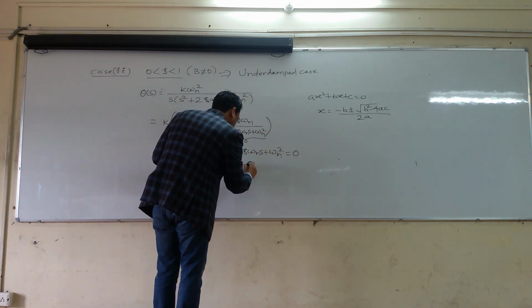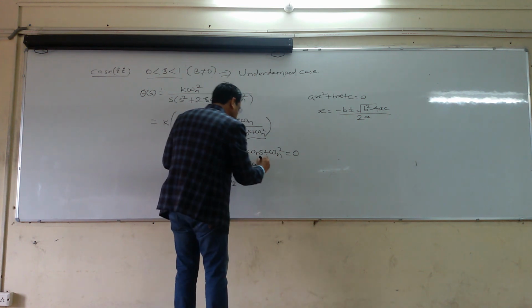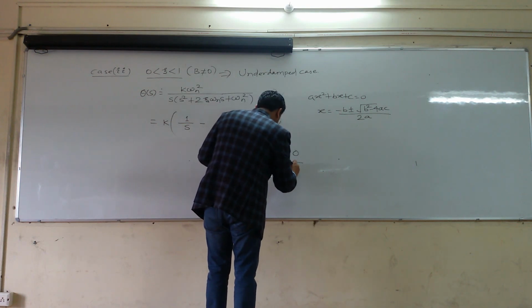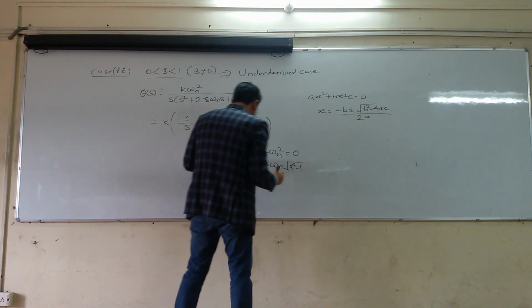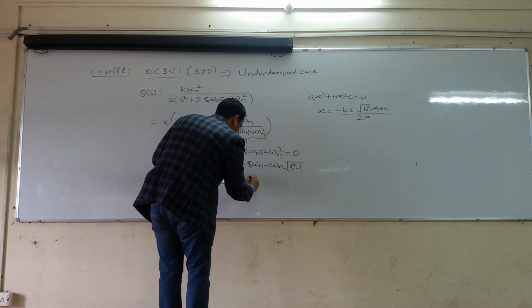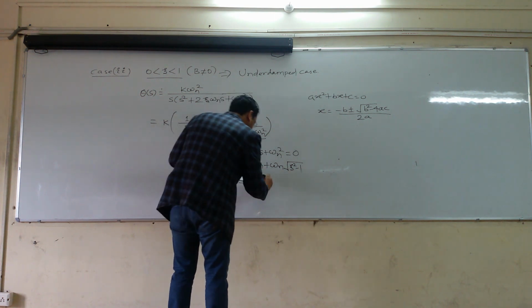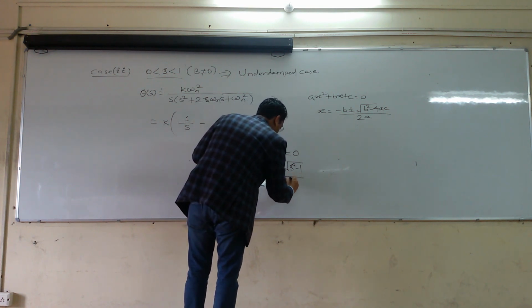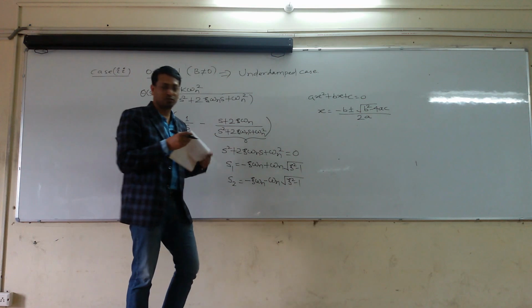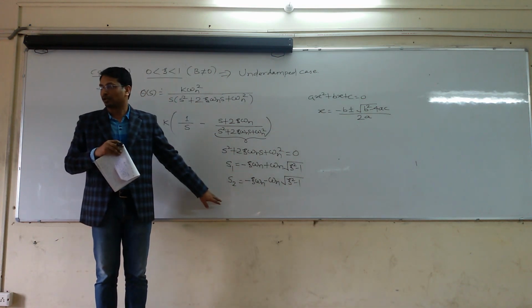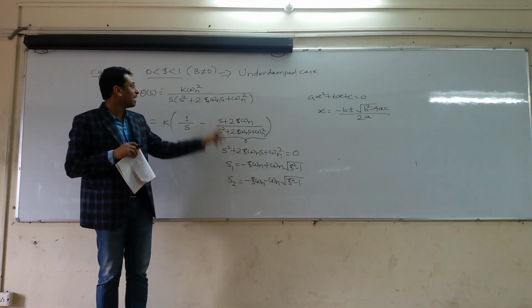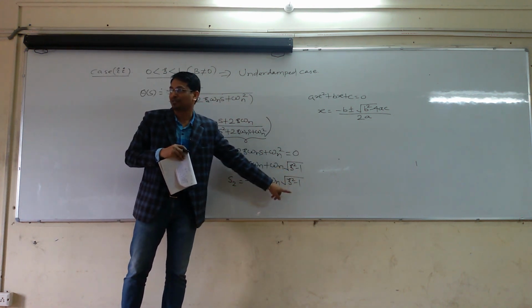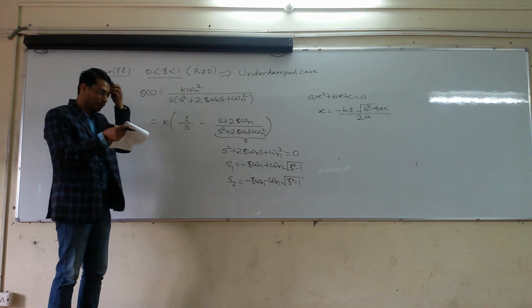I am going to say minus zeta omega n plus omega n root under zeta square minus 1, and s2 is minus zeta omega n minus omega n root under zeta square minus 1. Right or wrong? Now you can see why I have taken 1 as a limit, because of zeta square minus 1. Okay, this is going to be hard.